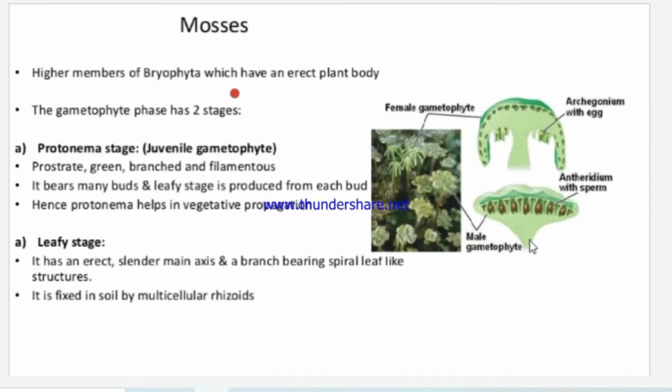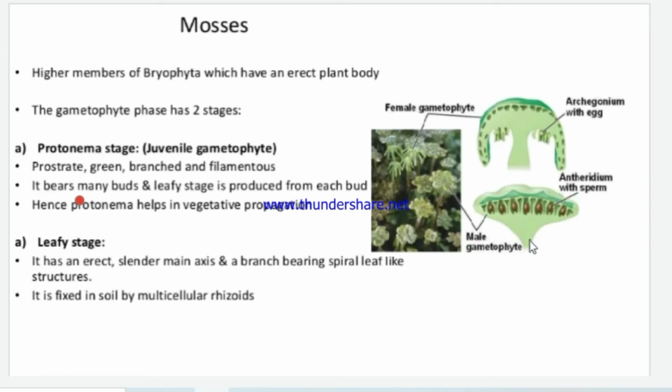Now mosses. Mosses are the higher members of bryophytes, which have an erect plant body. They also have the gametophytic and the sporophytic phase. But the gametophytic phase is divided into two stages, namely the protonema or the juvenile gametophyte and the leafy stage. The protonema stage is prostrate, green, branched and filamentous.